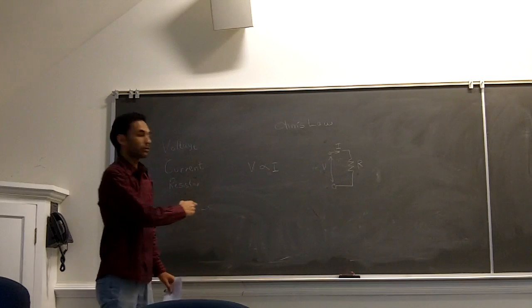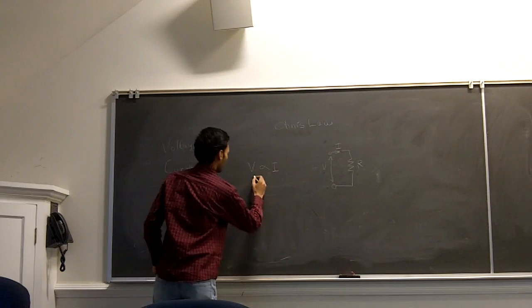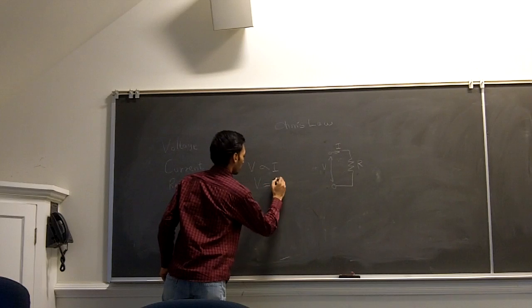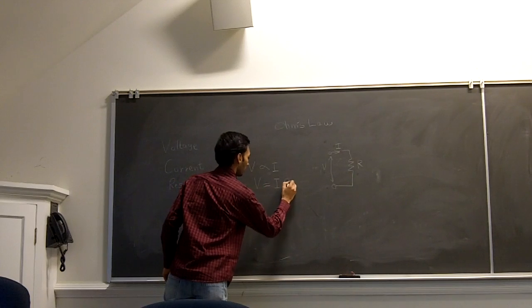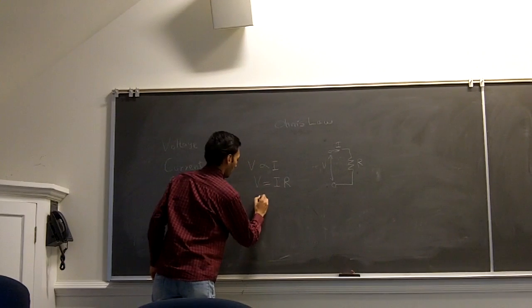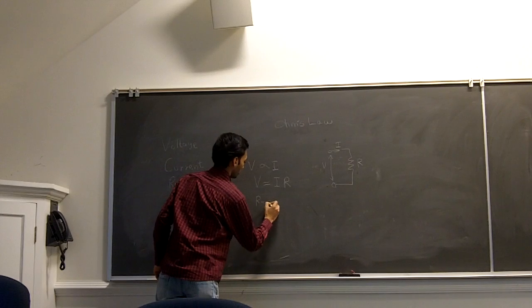If you remove the proportionality sign, the equation becomes V = IR, where R is nothing but a constant.